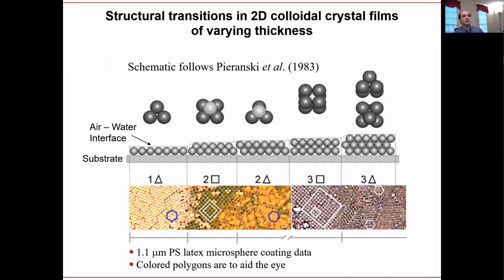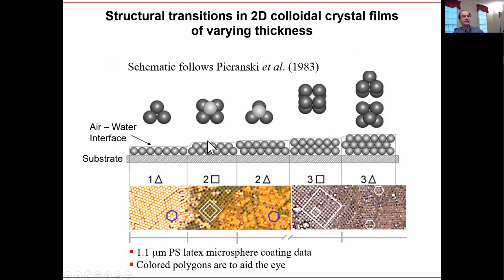They organize hexagonally. If you increase the thickness a little bit, at a certain point you're going to have the hexagonal bilayer. But if your thickness is intermediate, how do you pack particles in a layer thinner than a hexagonal bilayer? You can see that if you have one particle residing between four others, it is going to go lower, right? So the thickness of this square lattice is going to be smaller than this hexagonal lattice.